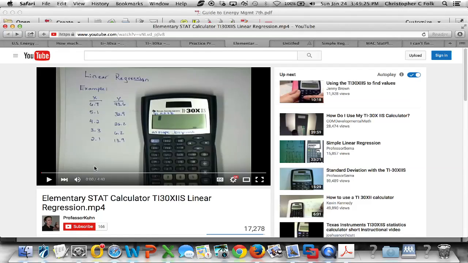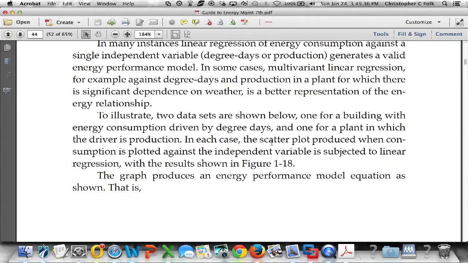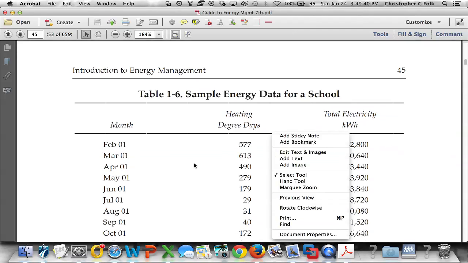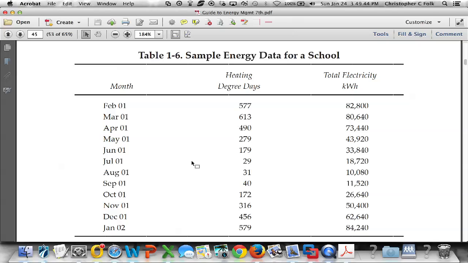Now, before we get into crunching buttons, I want to talk a little bit more about what we're trying to do. So on page 45 of your textbook, you'll see table 1-6, which is a sample energy data for a school. And so we've got 12 months worth of heating degree days and the amount of electricity that was used.